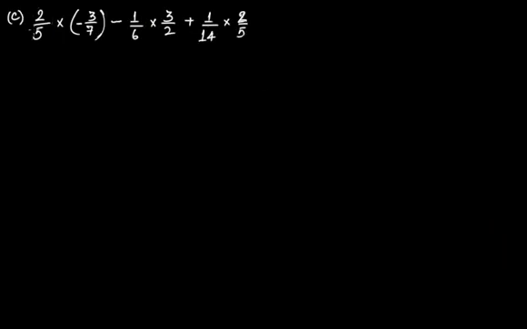In the C part, we have 2 over 5 multiplied by minus 3 over 7 minus 1 over 6 multiplied by 3 over 2 plus 1 over 14 multiplied by 2 over 5.